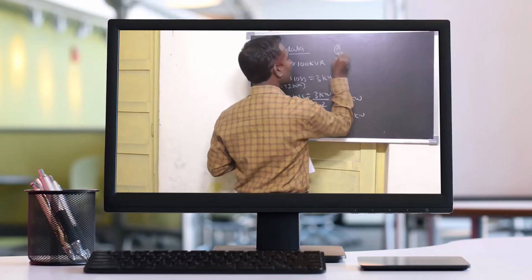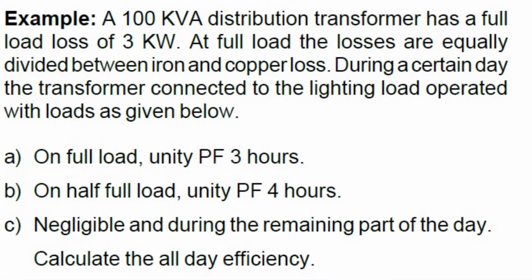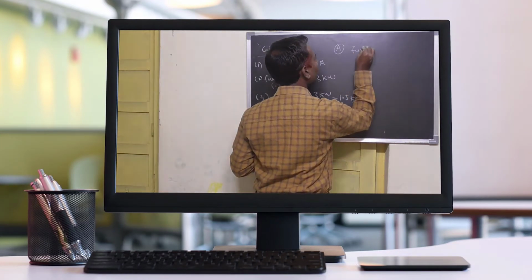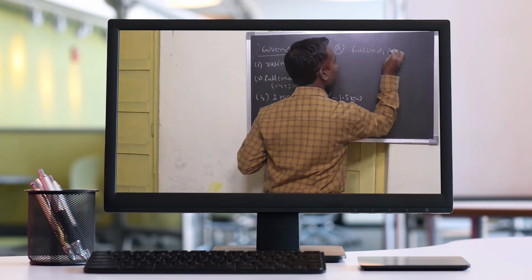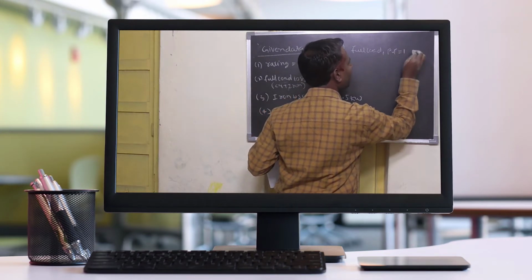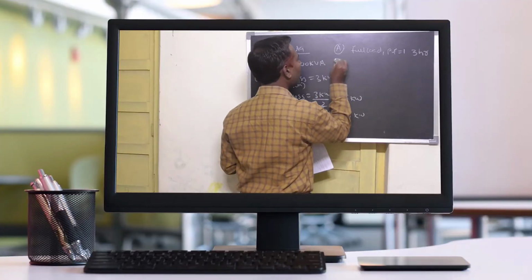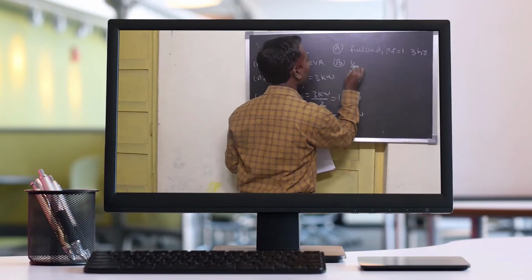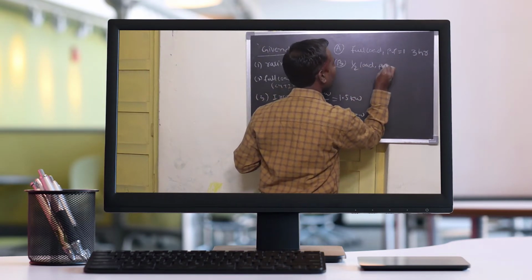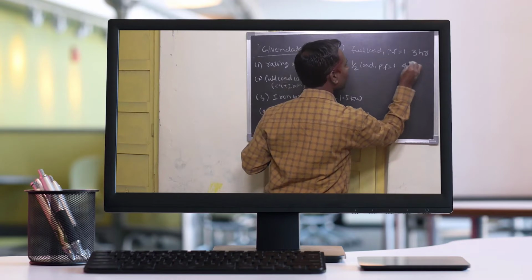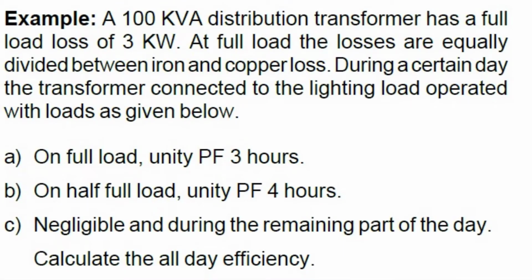In part A, full load at unity power factor for 3 hours. Part B, half load at unity power factor for 4 hours. Part C, negligible load during the remaining part of the day. Calculate the all day efficiency.